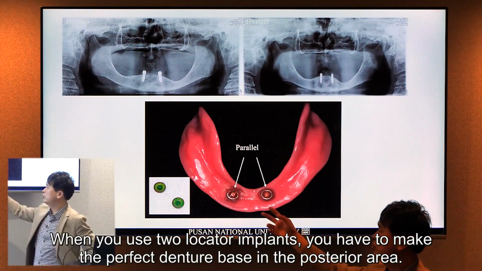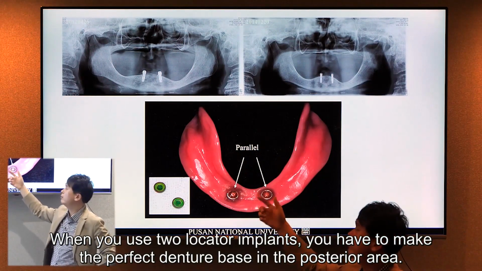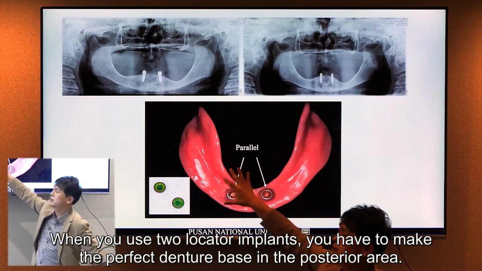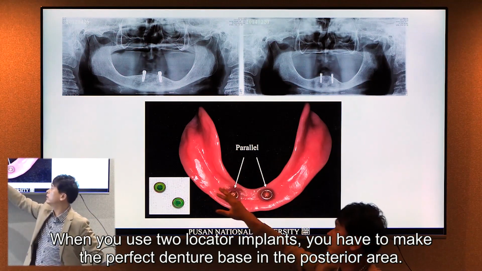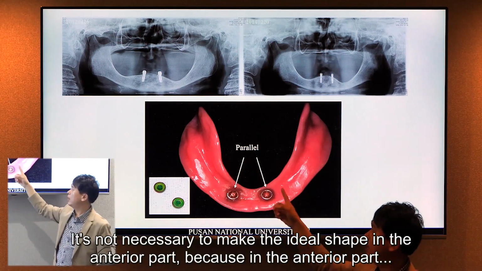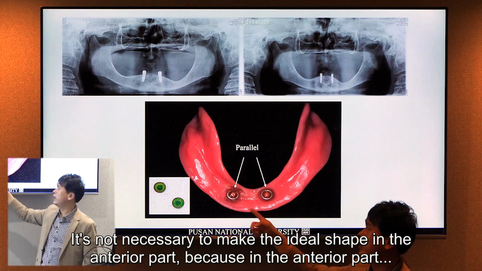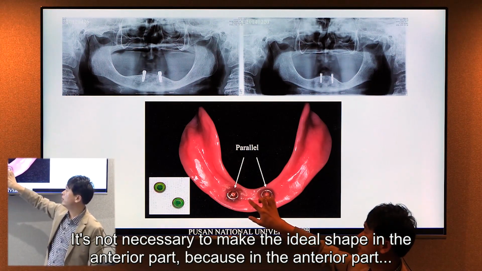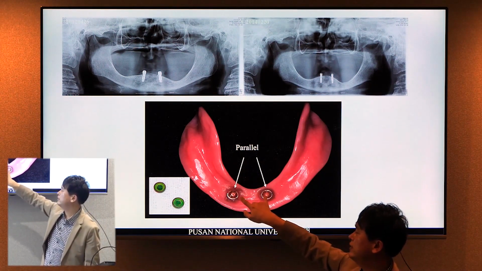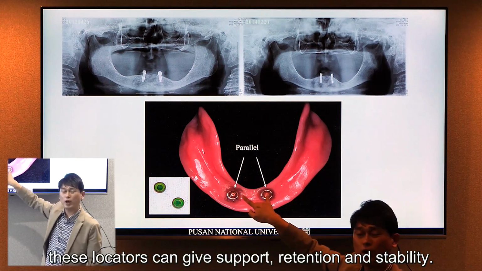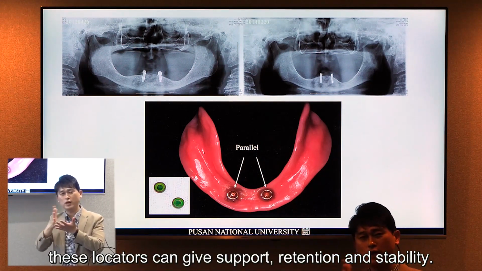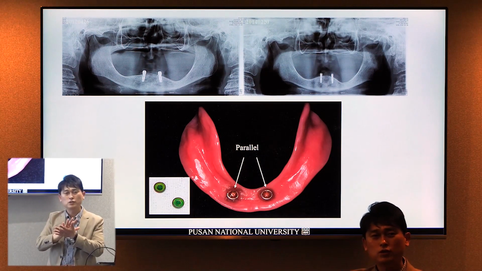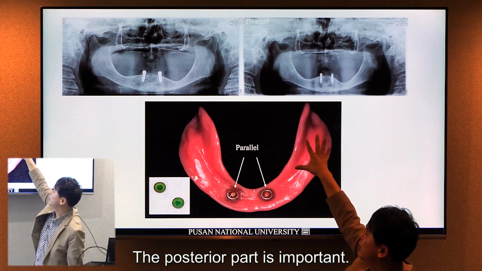So when you use two locator implants, you have to make a perfect denture base in the posterior part. It's not necessary to make an ideal shape of the anterior part, because in the anterior part these locators can give support, retention, and stability. So the back part is important.